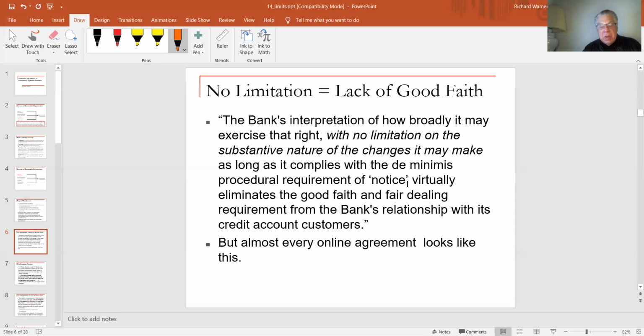And indeed, the court says that this alone is enough for lack of good faith. The bank's interpretation of how broadly it may exercise that right to make changes, the one we were just discussing, with no limitation on the substantive nature of the changes it may make.